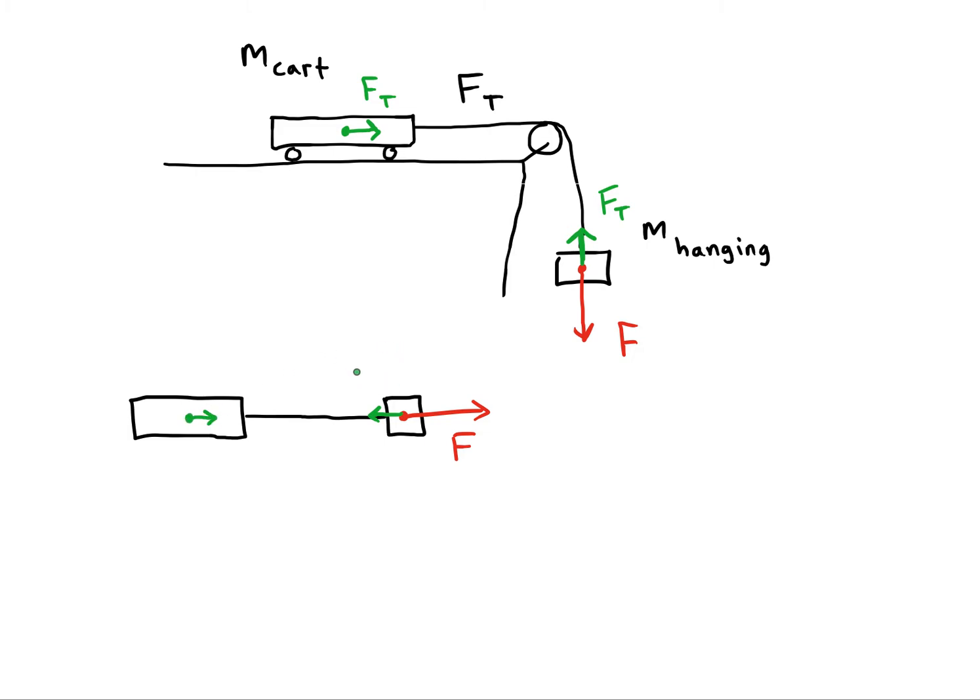The tension force doesn't contribute to the net overall motion of the system. So you let the whole thing be the system, and the system can't exert a force on itself. And this force of tension exists completely within the system. Like, it's not caused by anything from the outside.